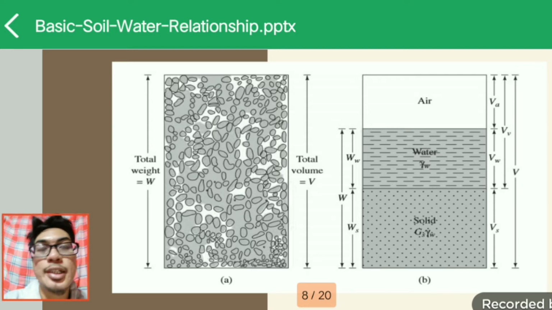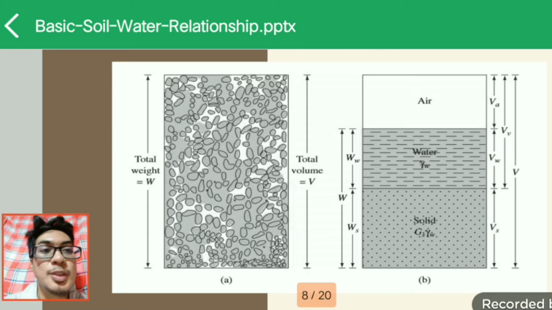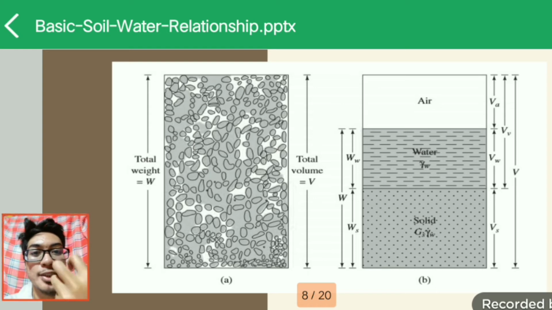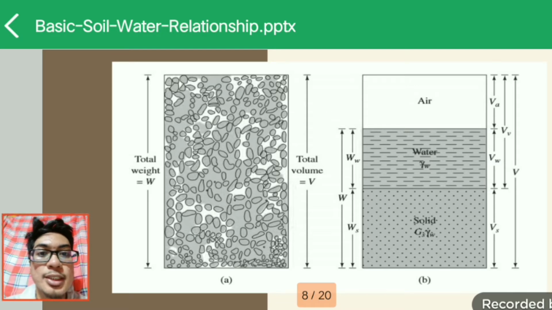What's the analogy here? The analogy is this sponge. When you have a sponge that you haven't squeezed yet, it has a lot of pores, right? So what does it mean? It's more porous because there are a lot of voids in it.